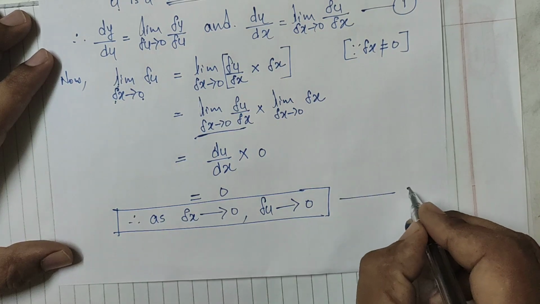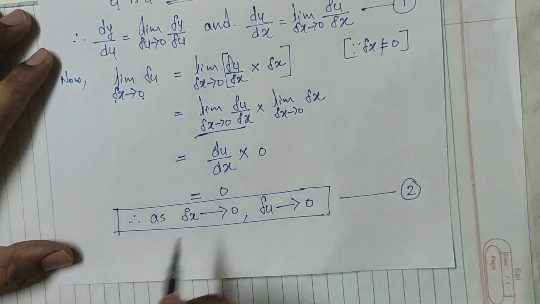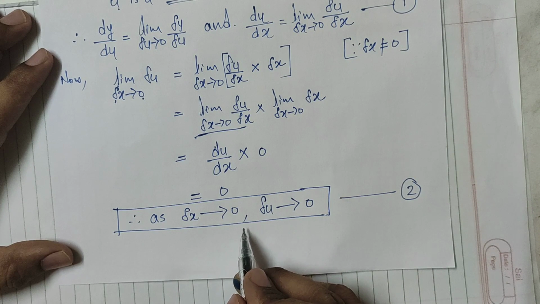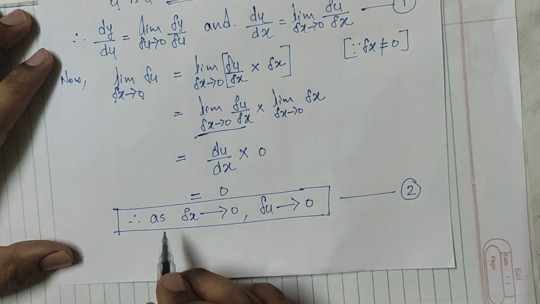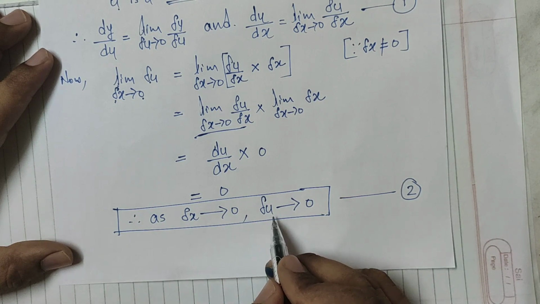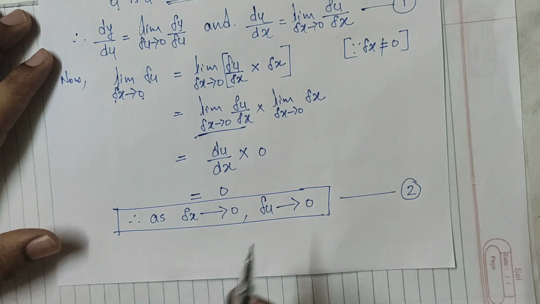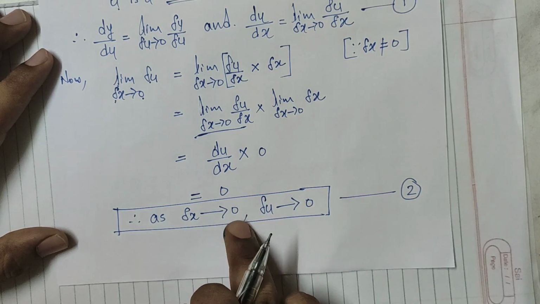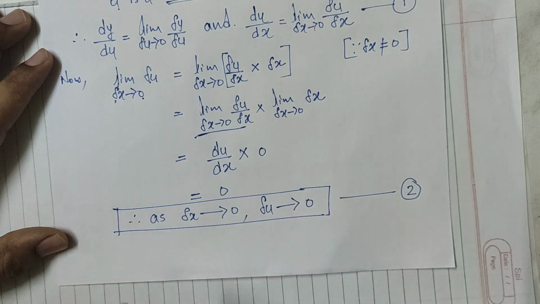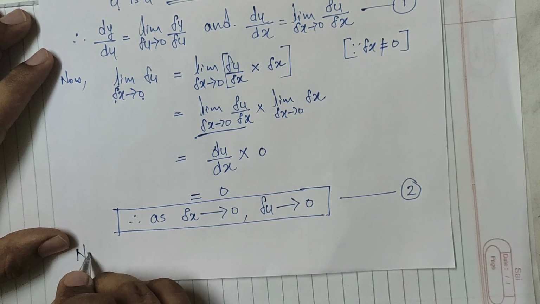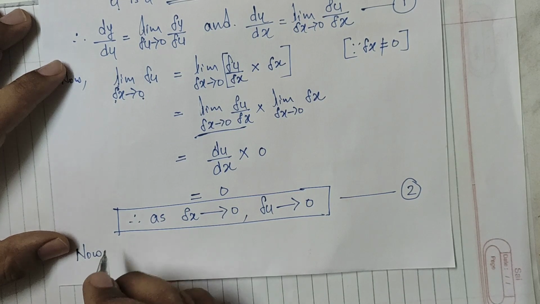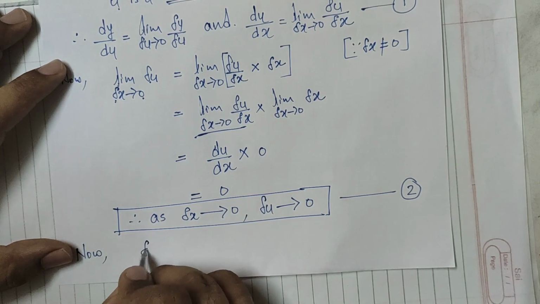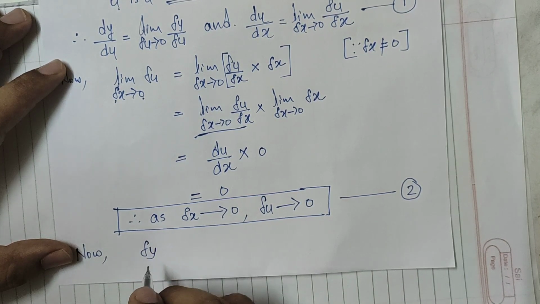This is equation number 2. Why am I finding this term? You will understand next: as delta x tends to 0, delta u tends to 0. Just recall equation number 2. Now I rearrange some terms, the incremental ratio delta y upon delta x.